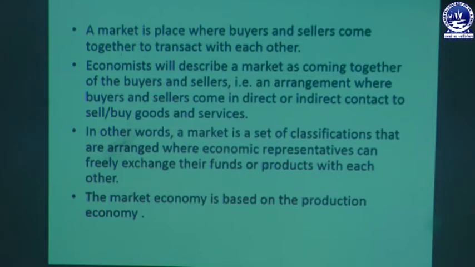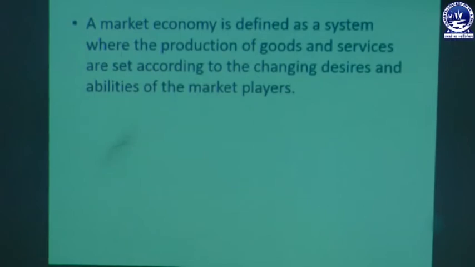As per the production, the market economy will go. A market economy is defined as a system where the production of goods and services is set according to the changing desires and abilities of the market players. So, that is what the market economy is.